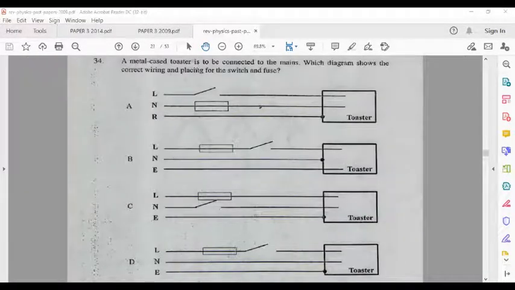Okay, number 34. A metal case toaster is to be connected to the mains, which diagram shows the correct wiring and placing for the switch and fuse. Okay, so this is our ring circuit diagram.